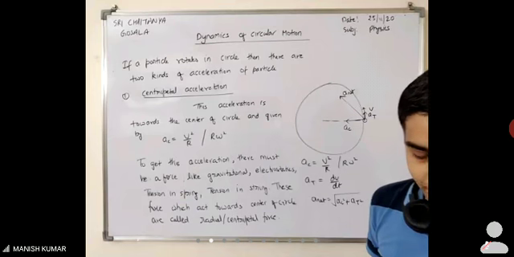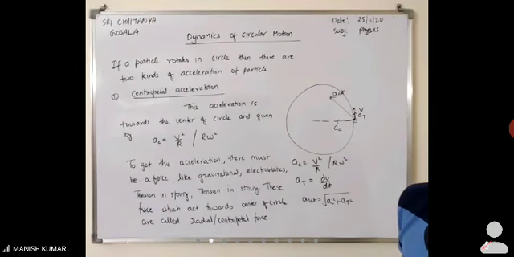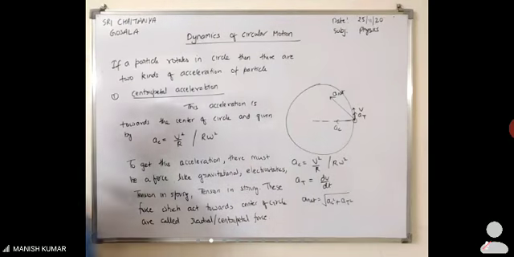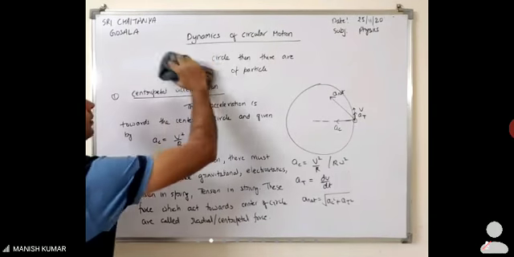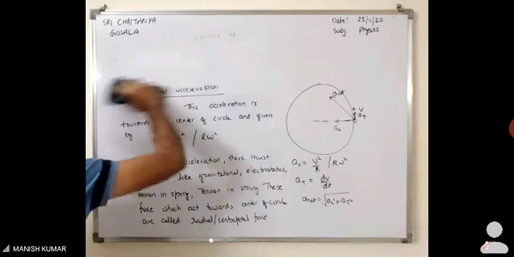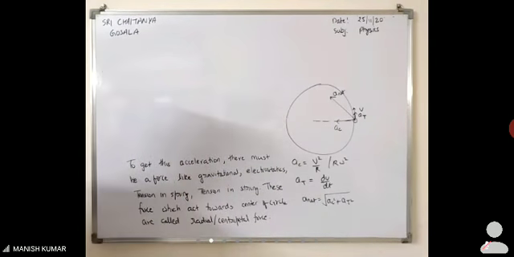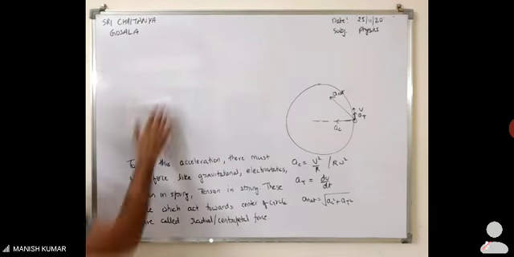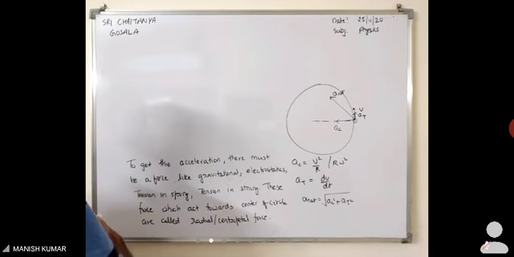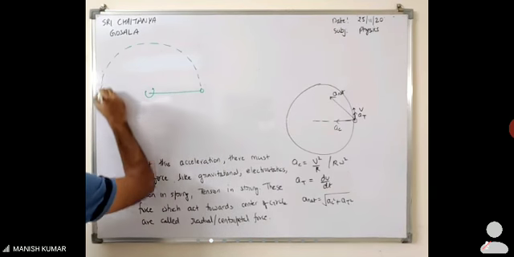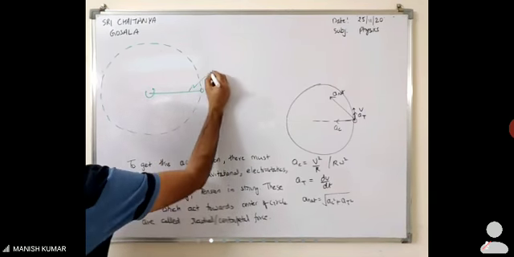Now, try to understand what we mean by centripetal. Let's say you have connected a particle with a string and you are revolving it like this. So this is our string.